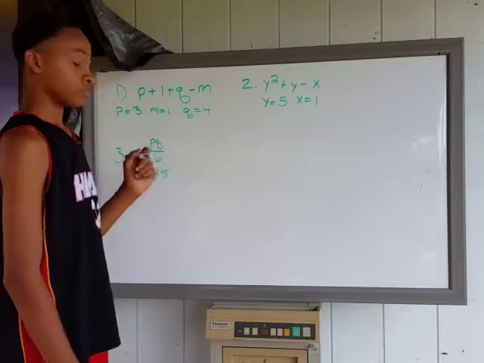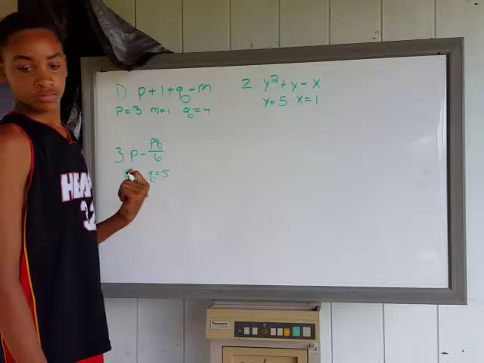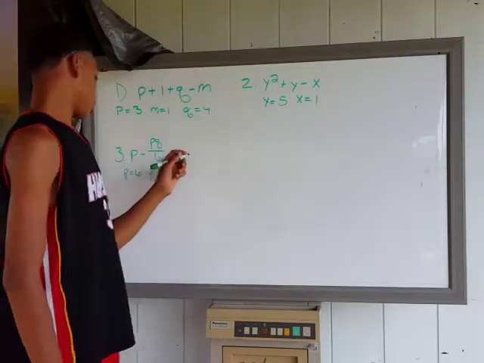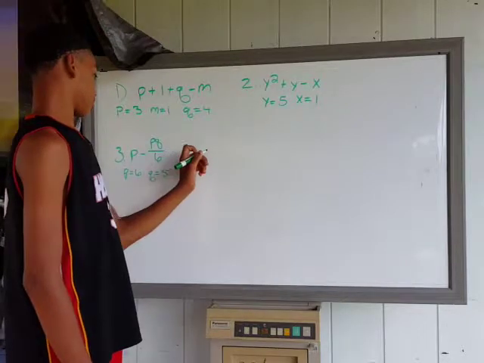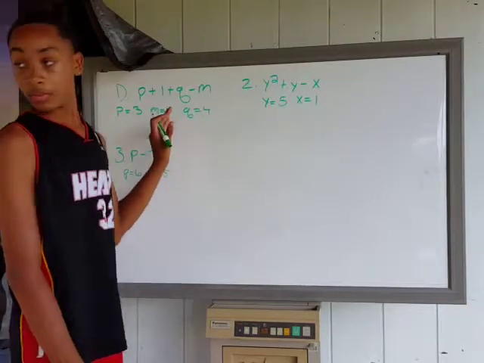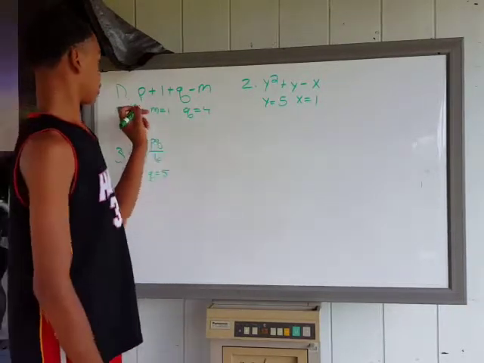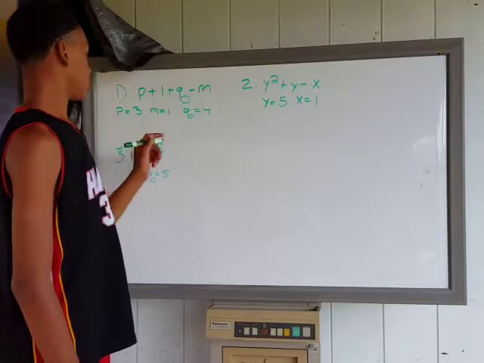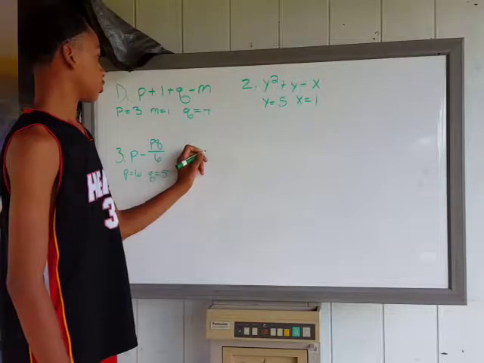So Joshua's gonna go ahead and work out these practice problems for us. Question 3 is, do number 1. Alright, so P plus 1 plus Q minus M. P equals 3, M equals 1, and Q equals 4.